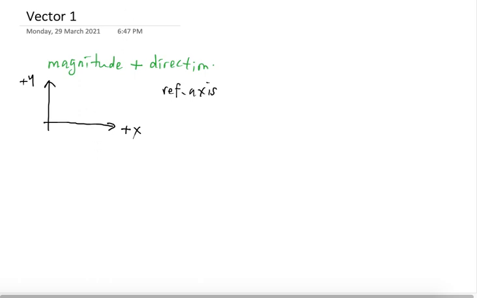So let's say you have a number of examples of vectors. Let's say the first vector goes this way, and we call it FA.